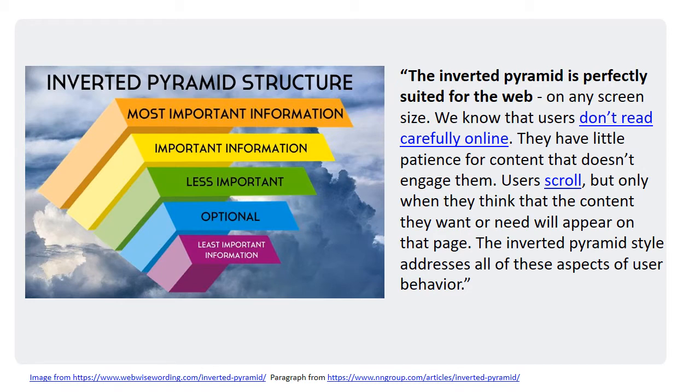So we can put the most important information first, then the next important information, and then the less important information, and so on in a paragraph or in the page. This ensures that the reader gets the most important information first, even if they don't read everything in the paragraph or on the page.